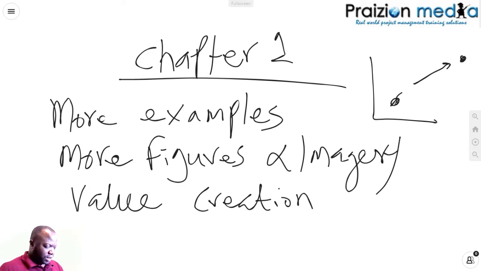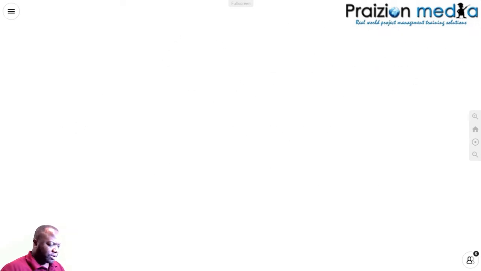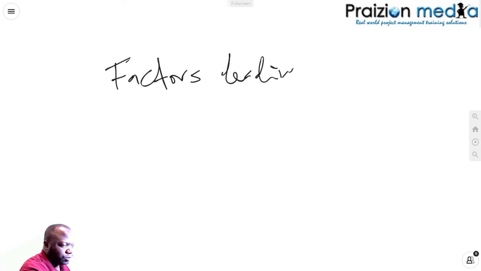Now there is a new chart here on page 9 which you guys have not seen before if you are on the 5th edition. And this chart is called Example of Factors that Lead to the Creation of a Project. So I think that's a good one to look at. Factors leading to project creation.